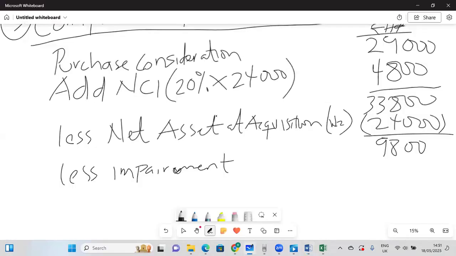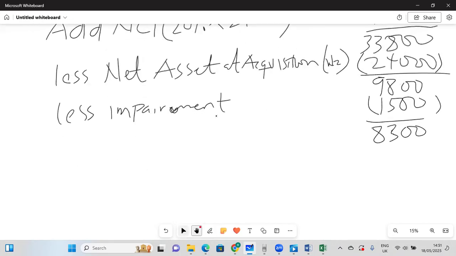So we bring in impairment loss of 4,500. And then we get 8,300 for goodwill.